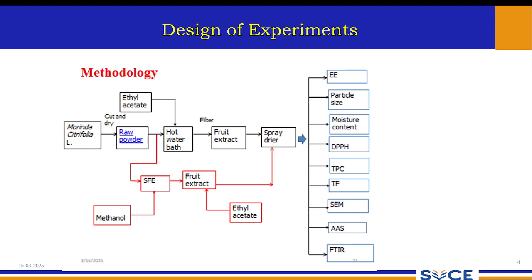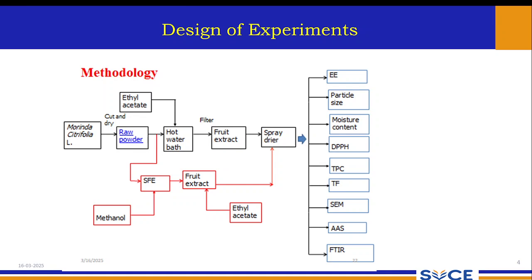The fruit has been peeled off, and then we have seen in the last slide, right? So how I make it into powder. What are the techniques which I have studied? Encapsulation efficiency, particle size, moisture content, DPPH and TPC, TFC.